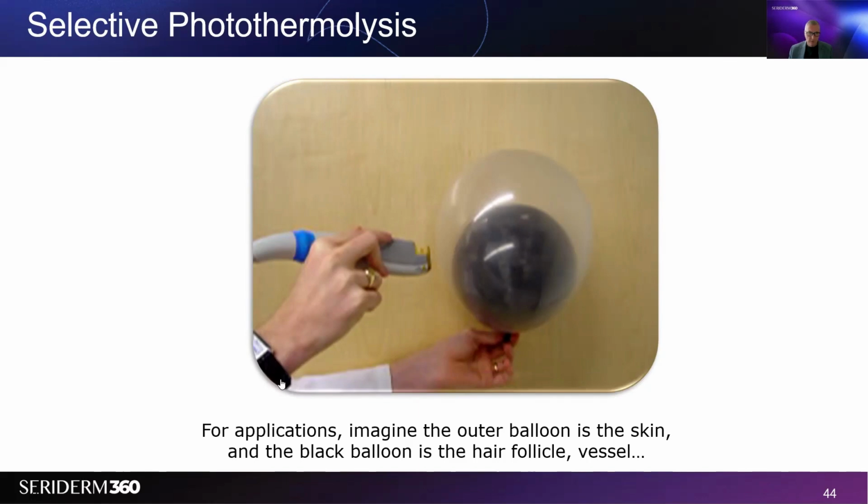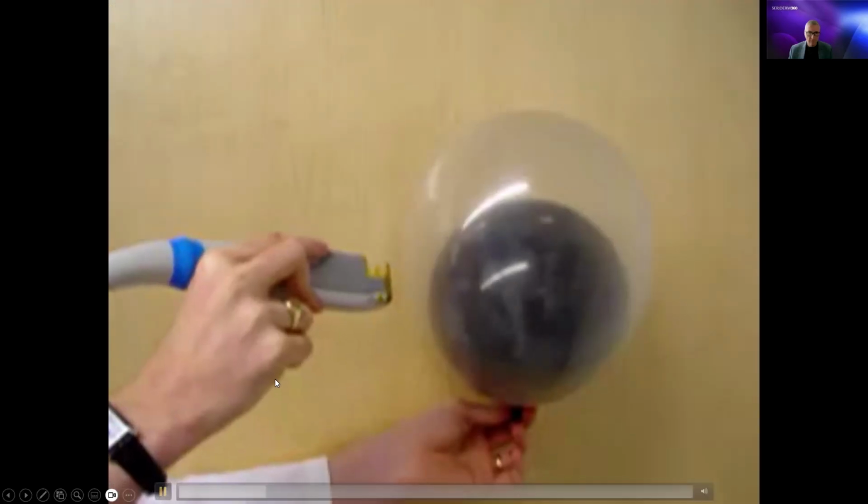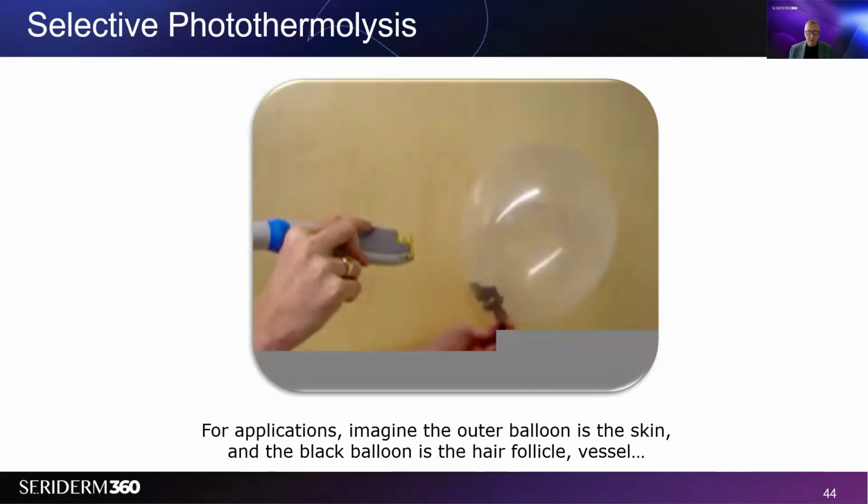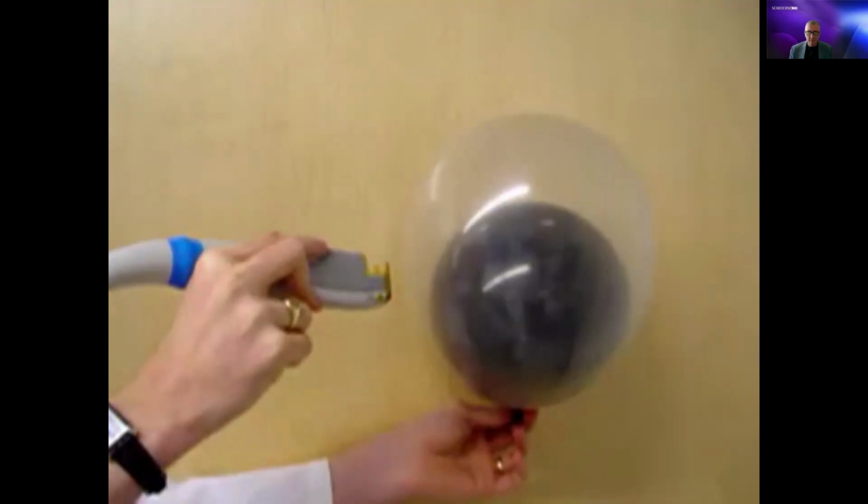So let me just play the video. What you can see there is that the white balloon remains intact and the black balloon explodes. Explaining really the theory of selective photothermolysis. We had to have the right wavelength to create that effect.